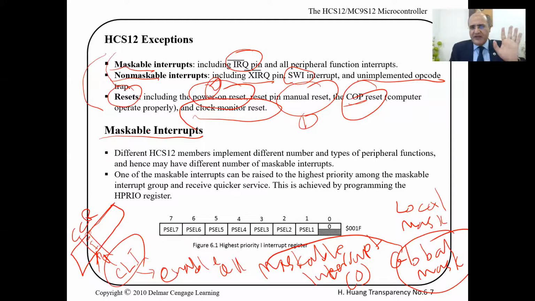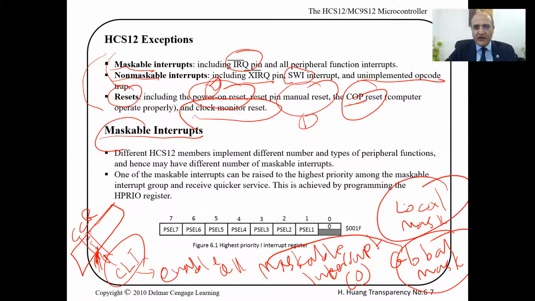You are allowed to unmask the non-maskable interrupts once at the beginning of your program, but you are not allowed to mask them again. If you want to, you have to reset to be able to mask them again. But for maskable interrupts, you can write this bit at any point of time, make it a 0 or a 1, and it will affect all maskable interrupts.